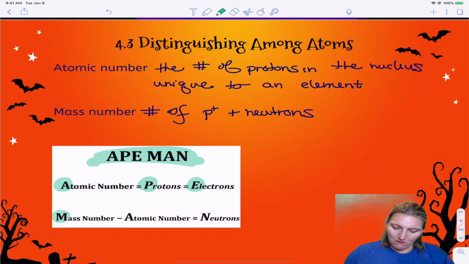And then MAN: mass number minus the atomic number equals the number of neutrons. One thing that students will oftentimes have some difficulty with is understanding that the mass number is not the number of any one particle, but you can always get the number of neutrons by subtracting the number of protons from the mass number.